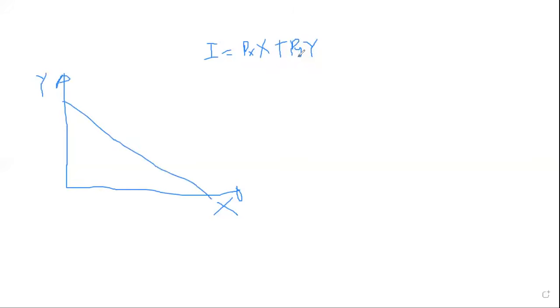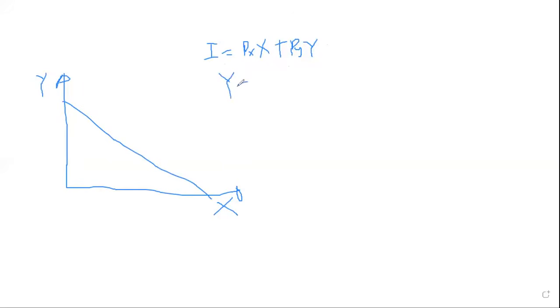So mathematically, the equation of this line should have y as the dependent variable and x as the independent variable. So you just have to make y the subject in this equation.